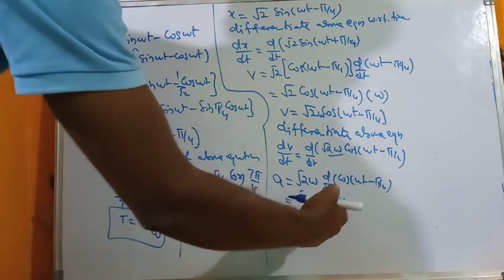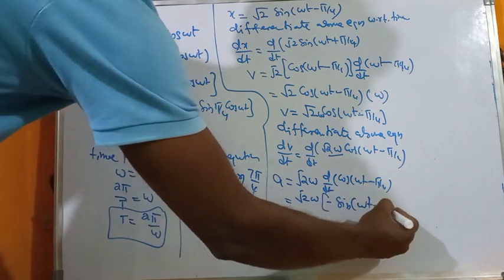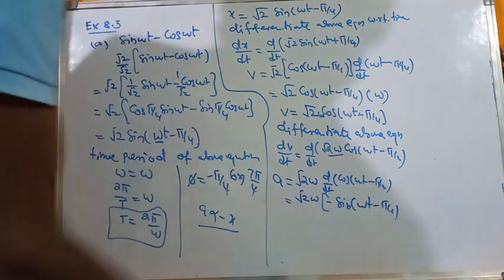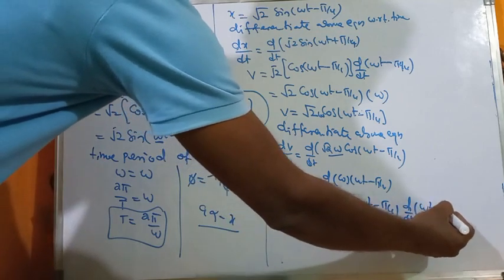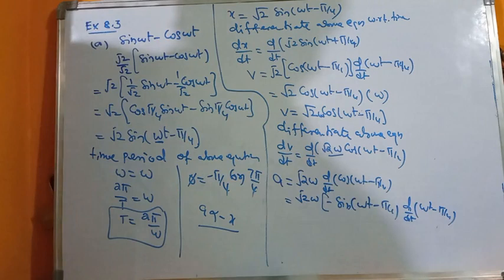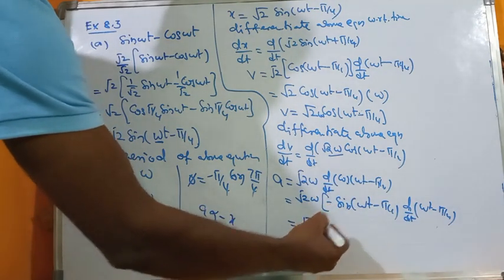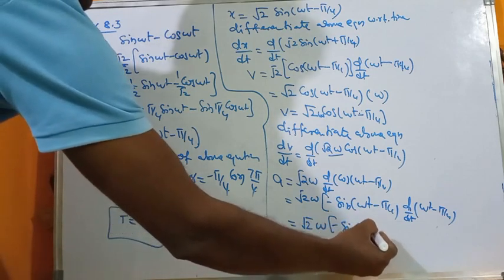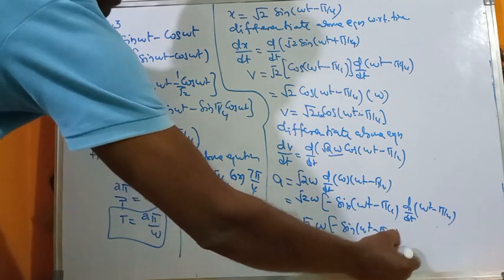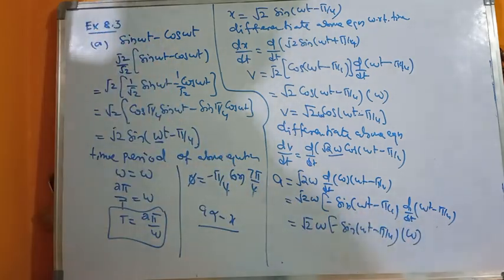Minus sine of omega t minus pi by 4, and again d by dt of omega t minus pi by 4 gives omega.